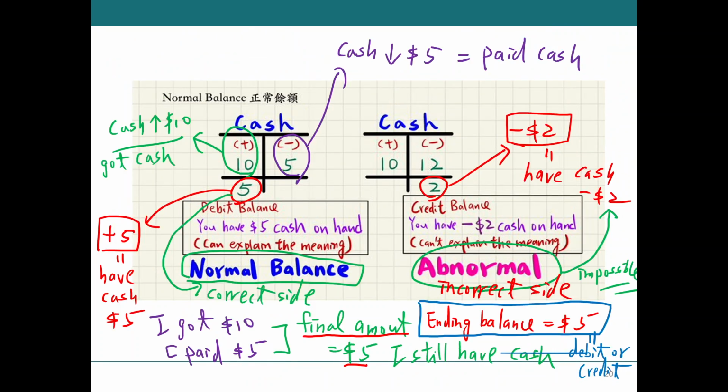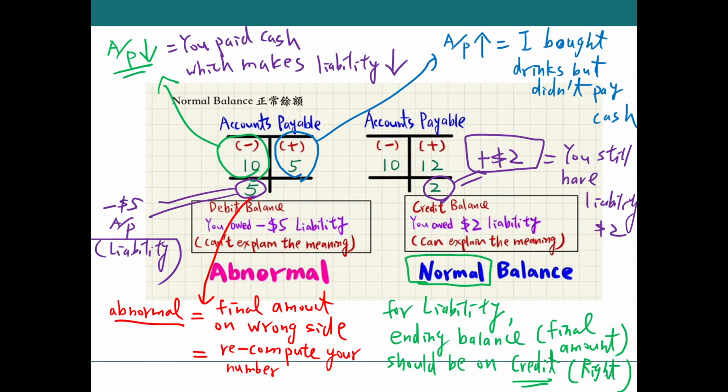Did you find out? Cash, normal balance on the increase side. Then we can explain the meanings. Liabilities, final amount on the increase side. Then we can explain the meanings. So what's the rule? Increase per side. We can explain the meanings.